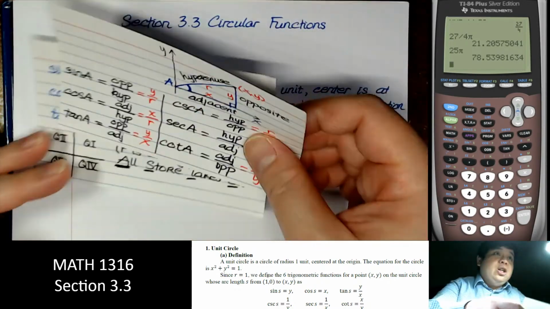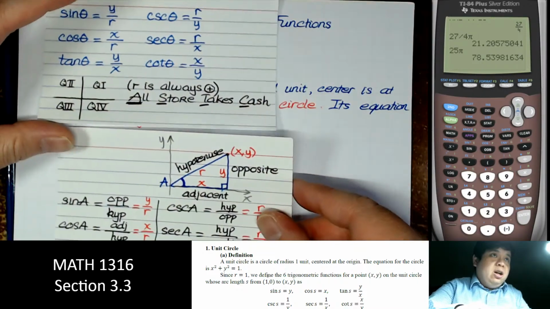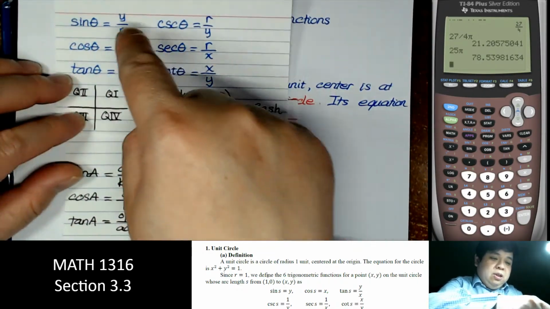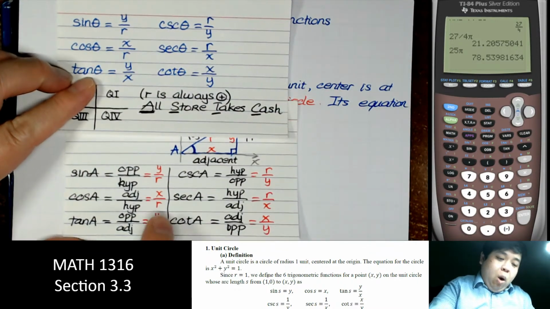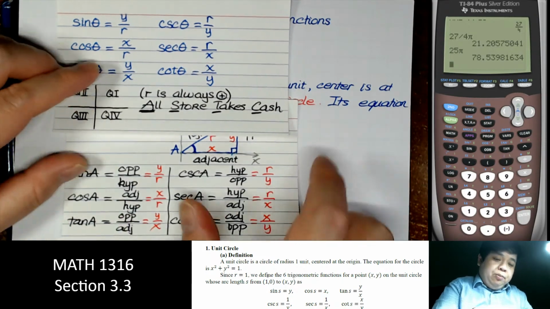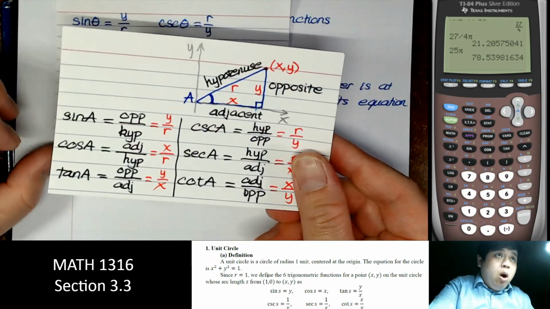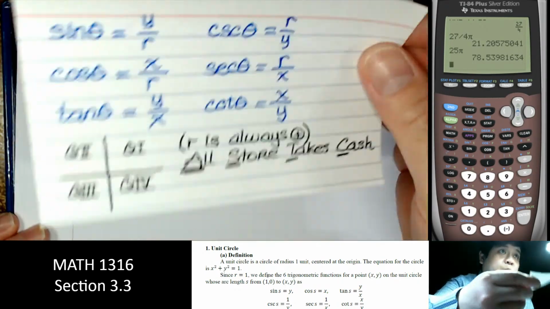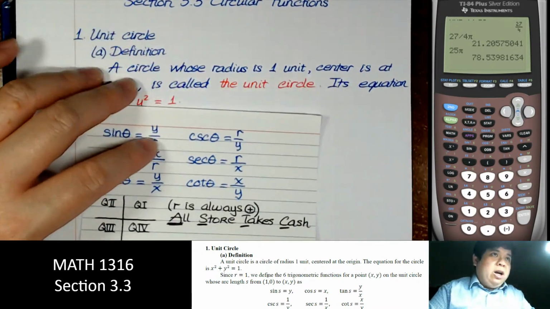So these are two different definitions of trigonometric functions. This definition works only for an acute angle.